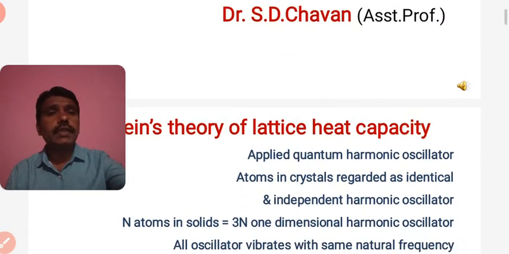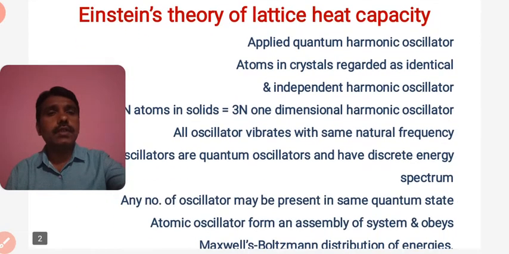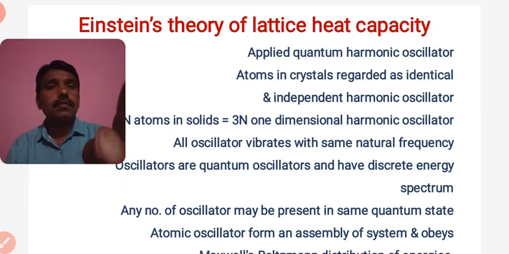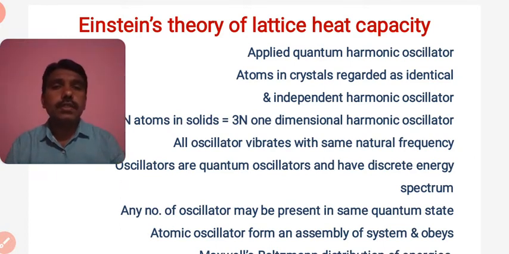What exactly did he assume as far as the classical theory is concerned? Einstein applied everything the classical theory already assumed, but based the theory on quantum theory and the quantum harmonic oscillator. Here is the basic difference between classical and quantum theories.